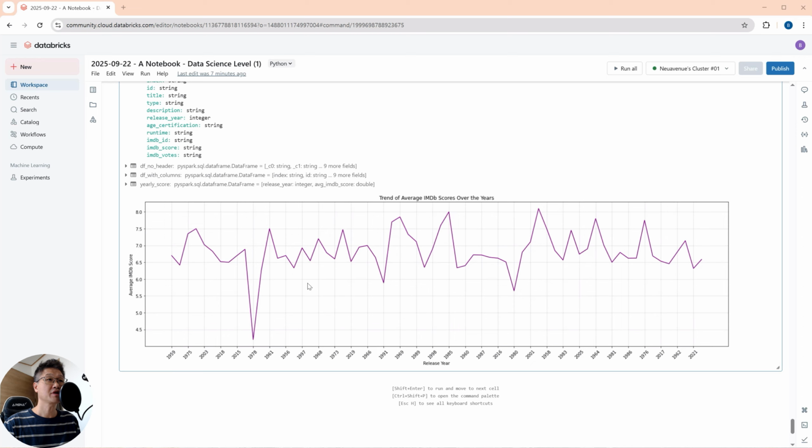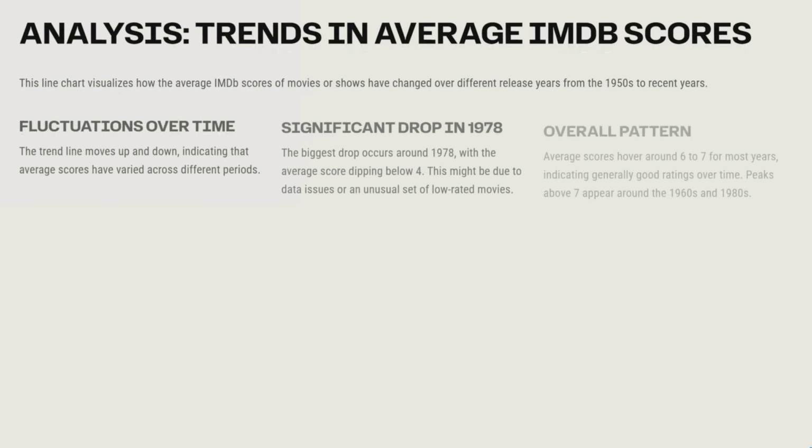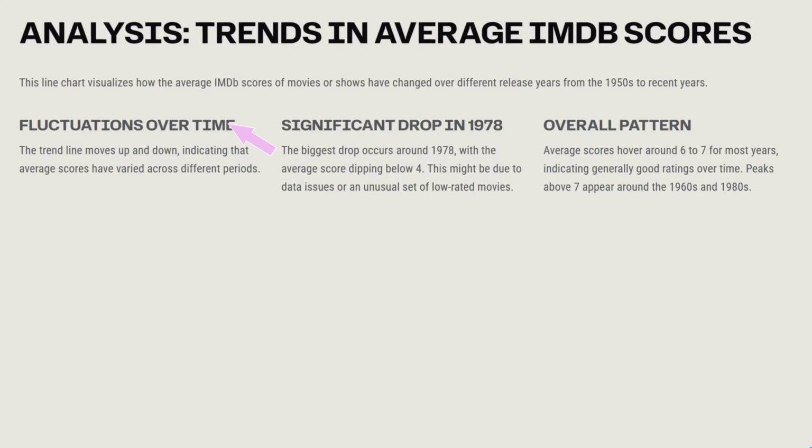First, fluctuations over time. The trend line moves up and down, which indicates that the average scores have varied across the different periods. Second, significant drop in 1978. The biggest drop occurs around 1978, with the average score dipping to below 4.